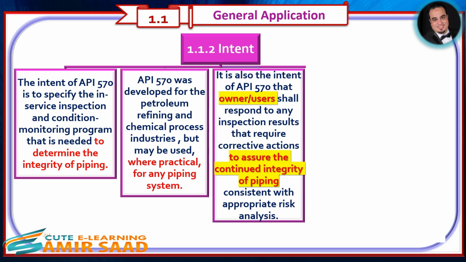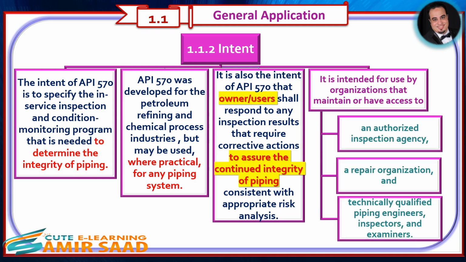It is also the intent of API 570 that users shall respond to any inspection results that require corrective actions to assure the continued integrity of piping consistent with appropriate risk analysis. It is intended for use by organizations that maintain or have access to an authorized inspection agency, a repair organization, and technically qualified piping engineers, inspectors, and examiners.